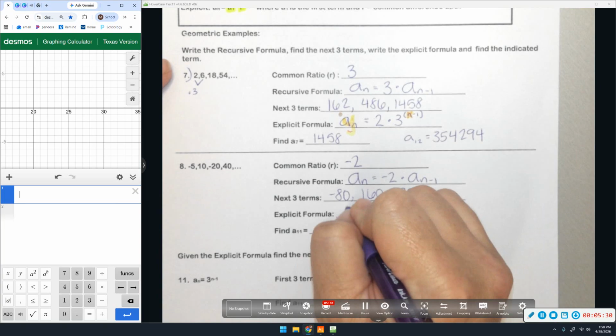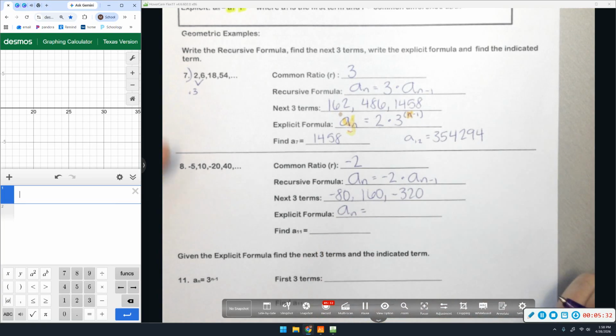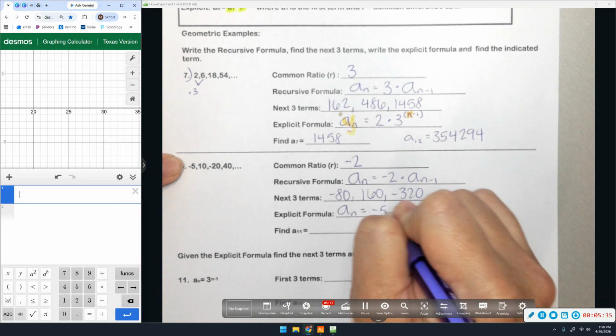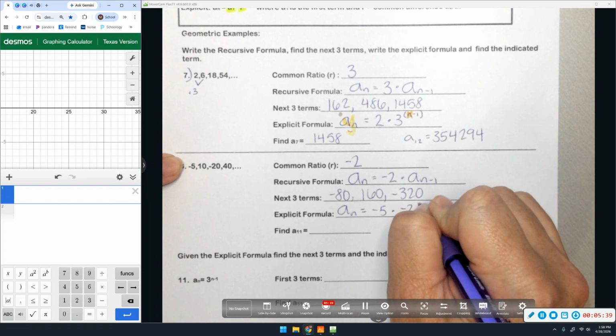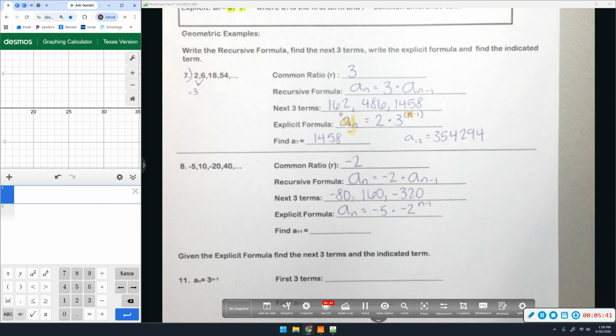So my explicit formula is a sub n. What's my first term? Negative 5 times, what's my r? To the n minus 1. Now, I'm going to use parentheses when we type it in because negatives will be handled differently if we don't use parentheses. Okay?